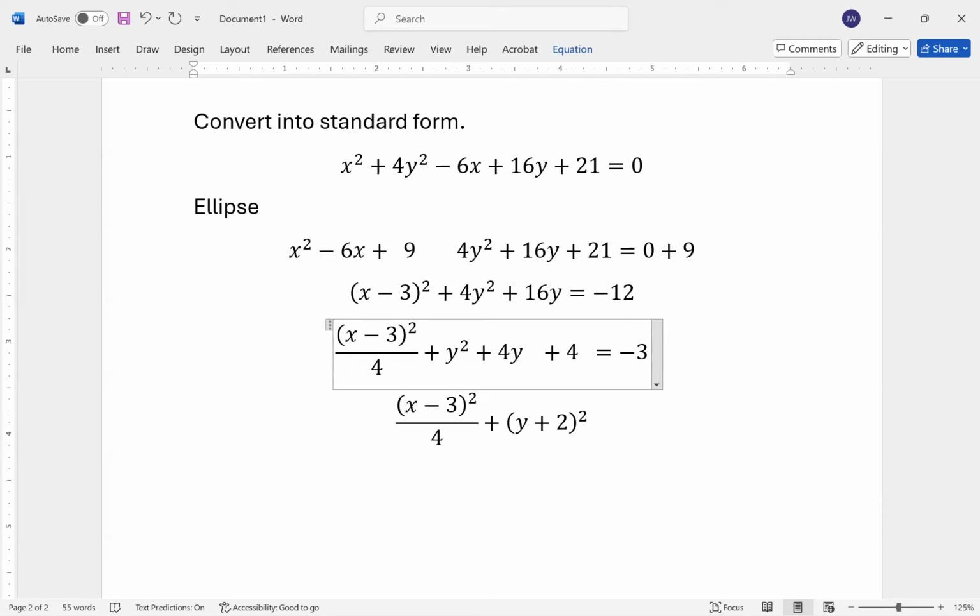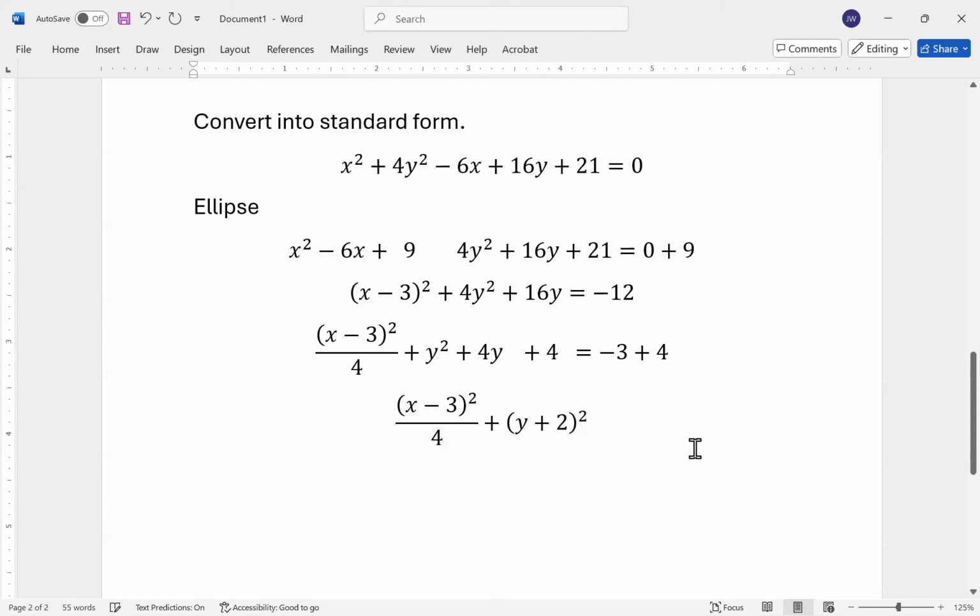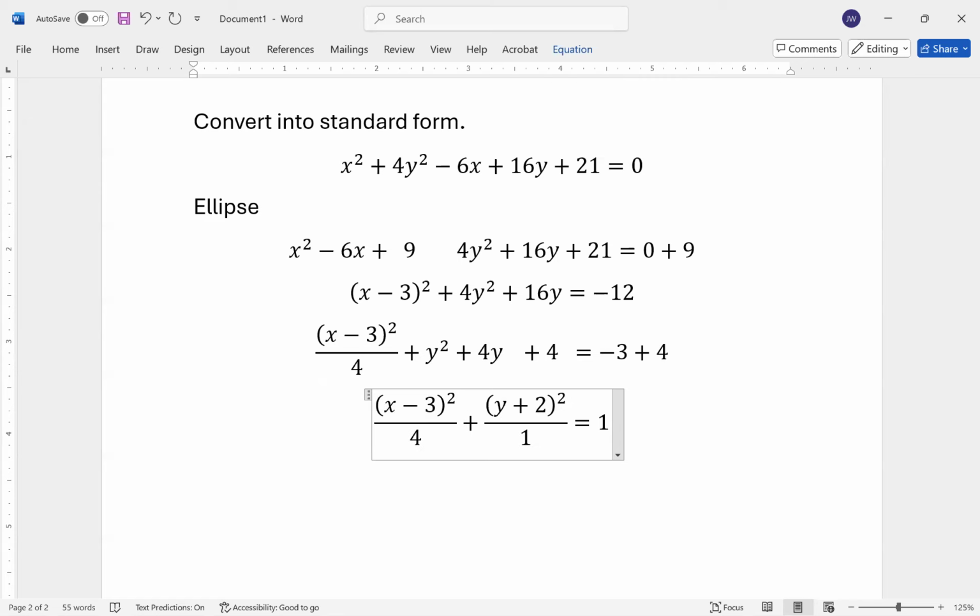So I'll add a plus 4 to the left-hand side and a plus 4 to the right-hand side. So I get this, and this already is the standard form for an ellipse. We get x minus 3 squared over 4 plus y plus 2 squared, technically over 1, is equal to 1.